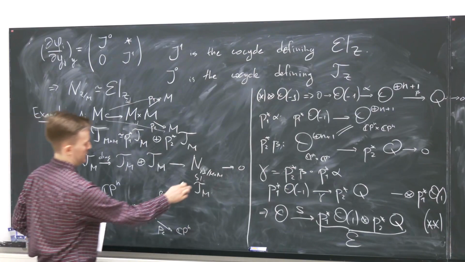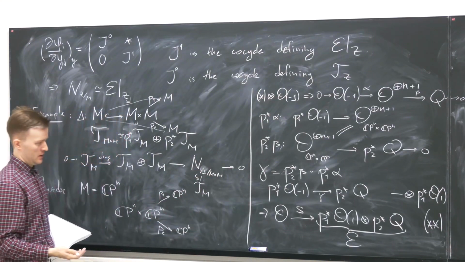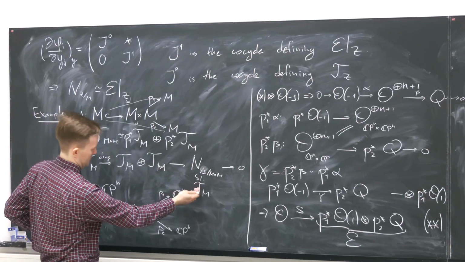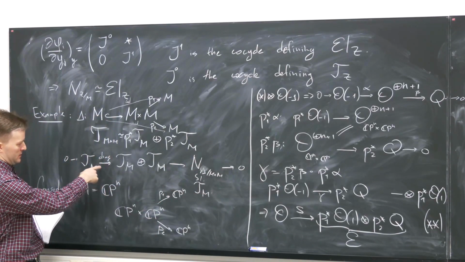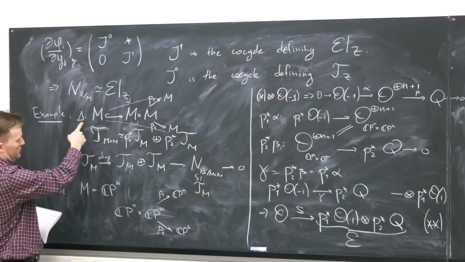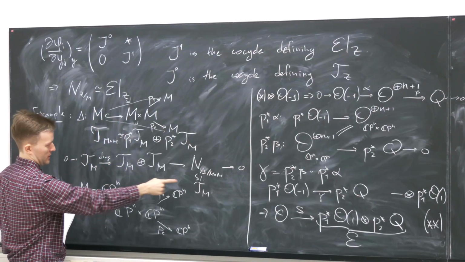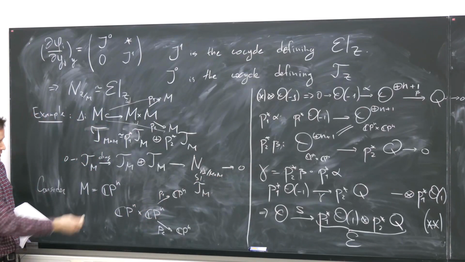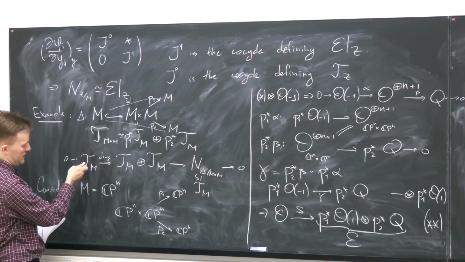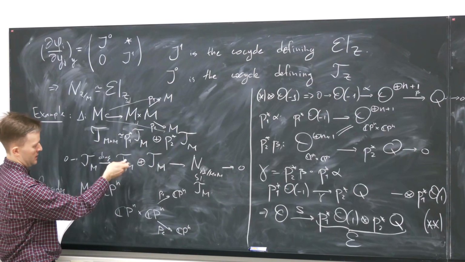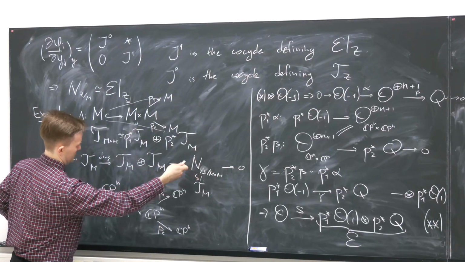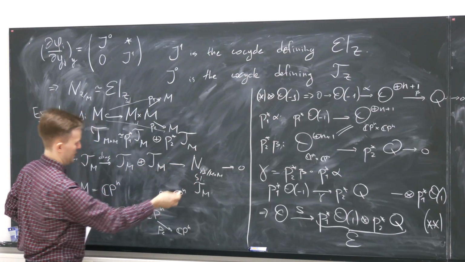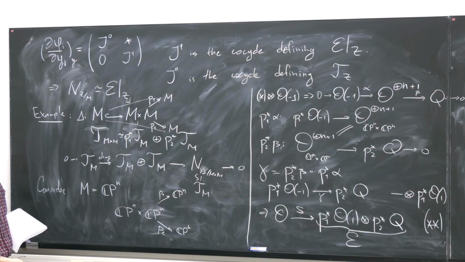Now I want to identify this normal bundle. Since this normal bundle is isomorphic to the tangent bundle here, because in this particular case, when you consider the diagonal, you get a sequence like this, where the tangent bundle of M is embedded into the direct sum of two copies of the tangent bundle. So then the quotient will obviously be isomorphic to TM, so that's also easy to check, so let's also leave it as an exercise.